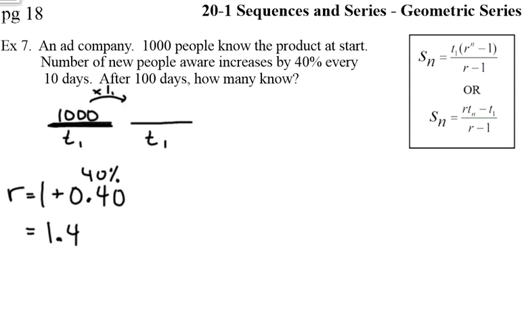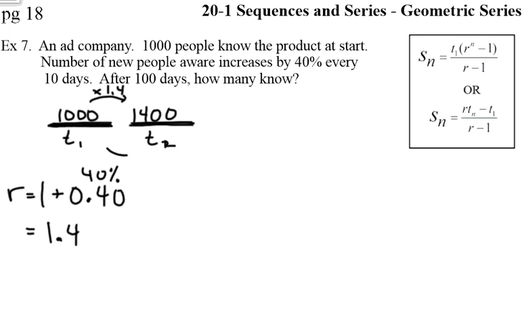I multiply by 1.4 to know how many people now know about it for term 2. 1,000 times 1.4 is going to be 1,400. That's how many people know about it.